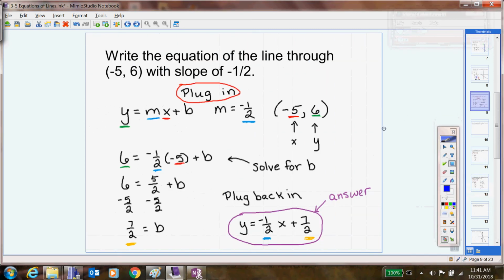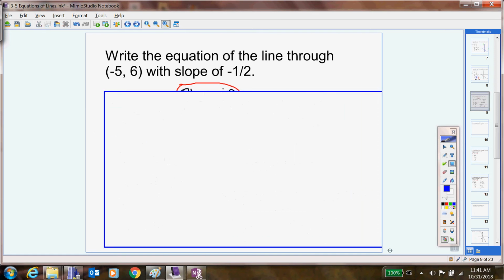All right, so we do have some other things. Like, for example, if I want to write the equation of a line that has a given slope and it has a given point, it's not just a y-intercept, so it makes it a little bit harder. But what we need to do then is remember the process.